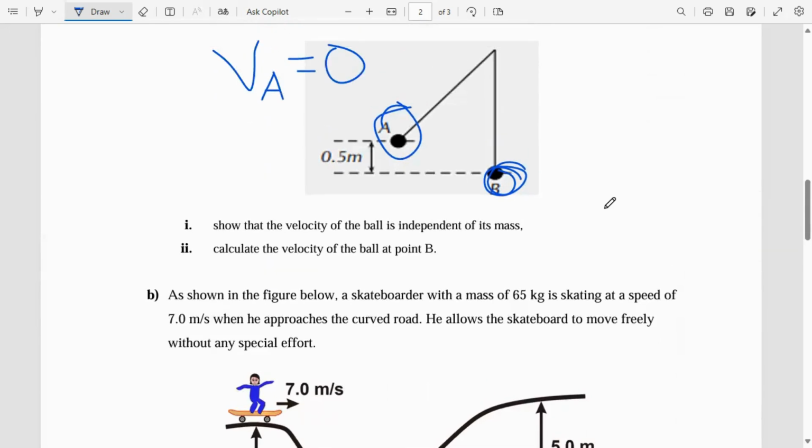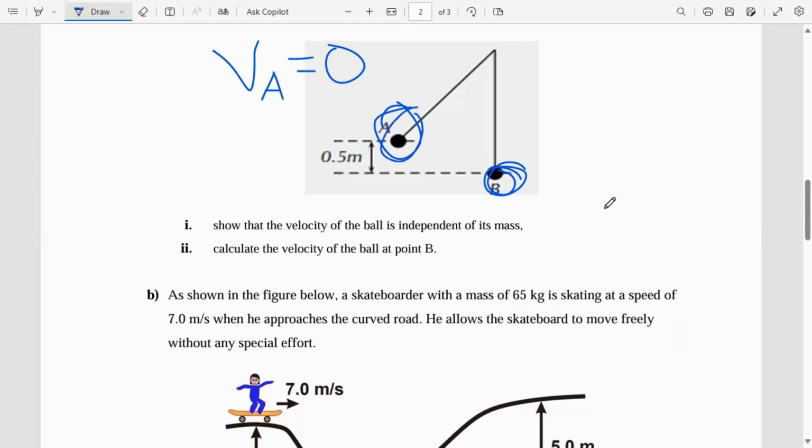Let's look at question 1 first. Question A1. Since they've said we should show that the velocity of the ball is independent of the mass, and we know friction is not existing here, mechanical energy is being conserved. Mechanical energy is the combination of all the energies acting on this object.